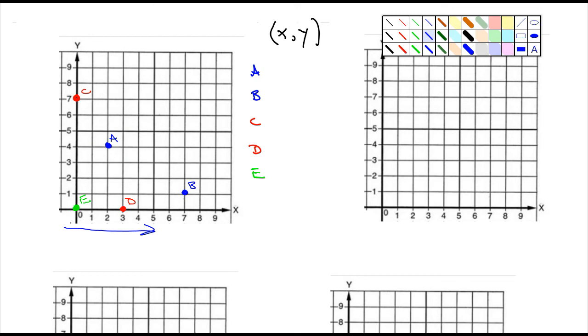I'm going to travel along the X line here, and it looks like it goes to 2 right there. So the first answer for A is 2, comma. Then I'm going to go up till I get to A, and it looks like it is to the 4. And so the Y is 4.